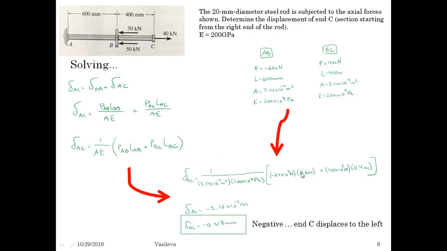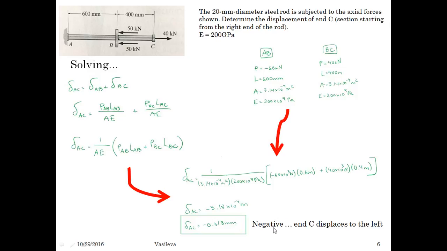And always make sure that you're working in newtons and meters and pascals. You don't want to have gigapascals in there. You don't want to have kilonewtons in there. All standard units, so that in the end you end up with a length. So displacement here is negative 0.318 millimeters once you do all the calculating.